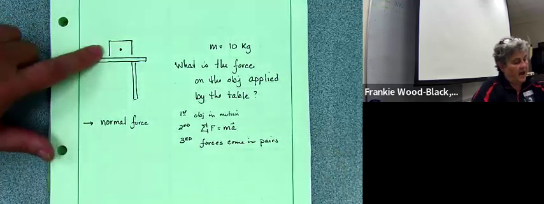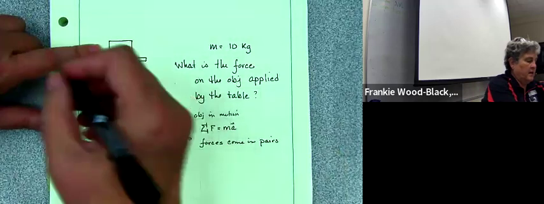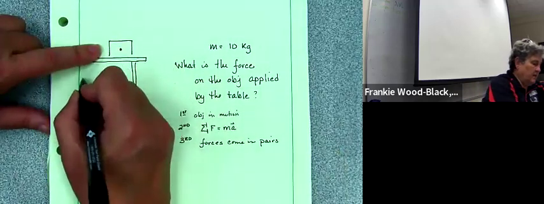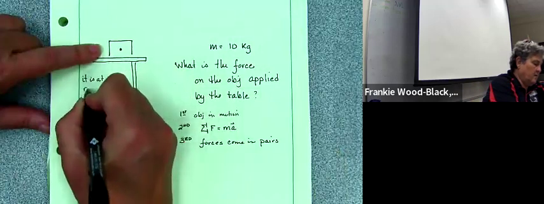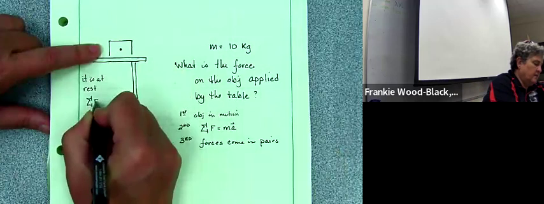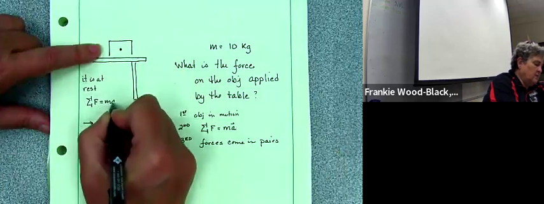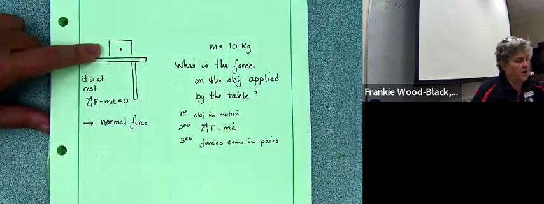Okay, so if I have an object sitting on the table, the first thing that we know is it's at rest. So the sum of our forces, which is mass times acceleration, has to equal 0 because there's no motion.